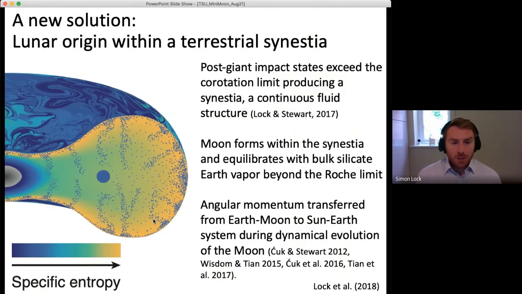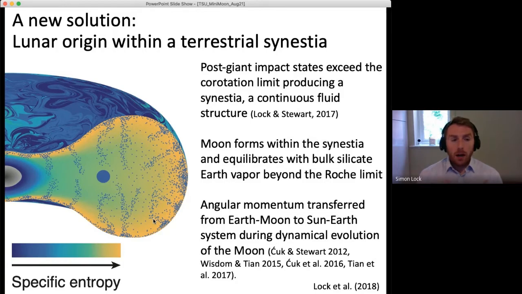So psychologists assure me that you enjoy a story much more if you already know the ending. So what I'm going to try and show you today is a new model for Moon formation, which is based on the idea that giant impacts, particularly high energy giant impacts, produce a different type of planetary structure, which we've named a synestia, which is a kind of continuous fluid body.